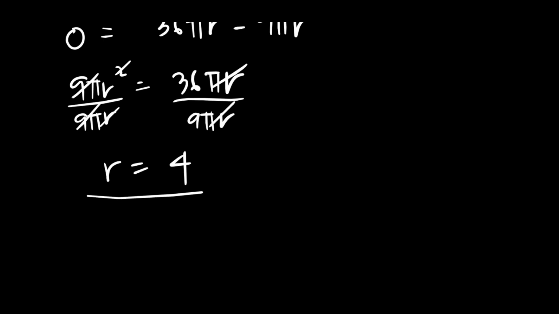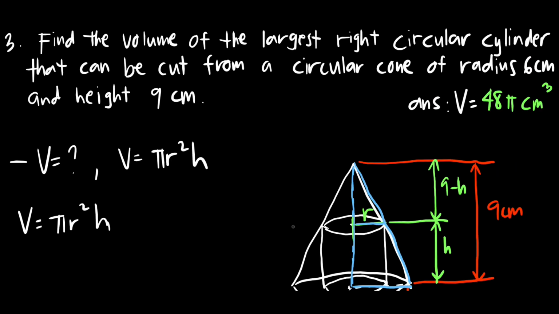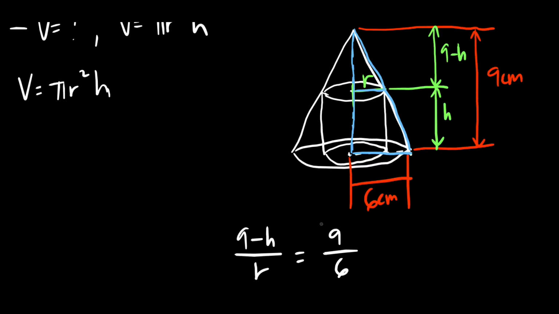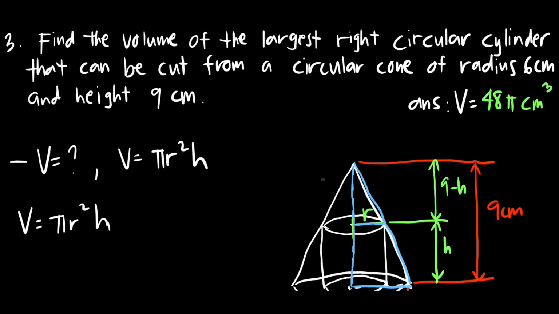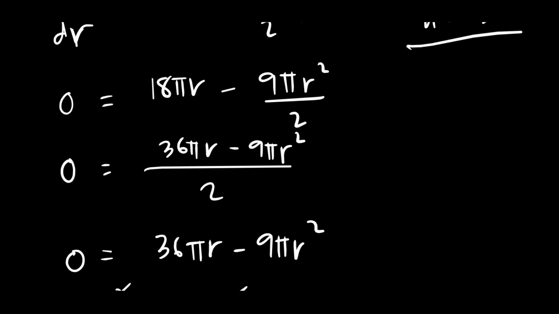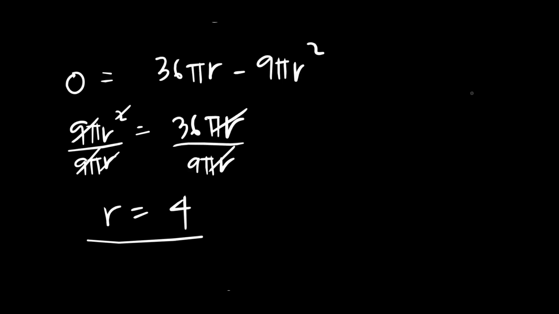So we're now ready to find the volume, right? For finding the volume of the largest cylinder, we have volume equals pi r squared h. So r equals 4 and h equals 3, right?